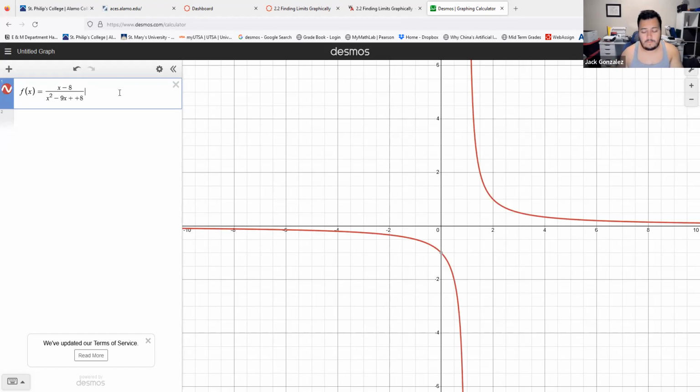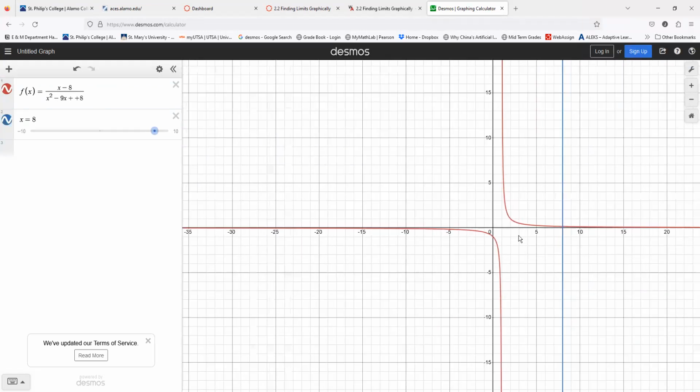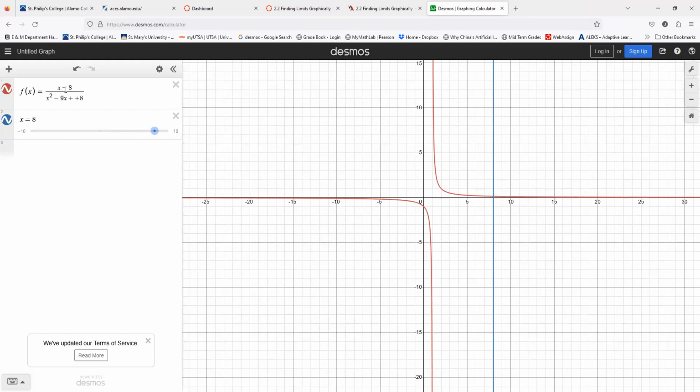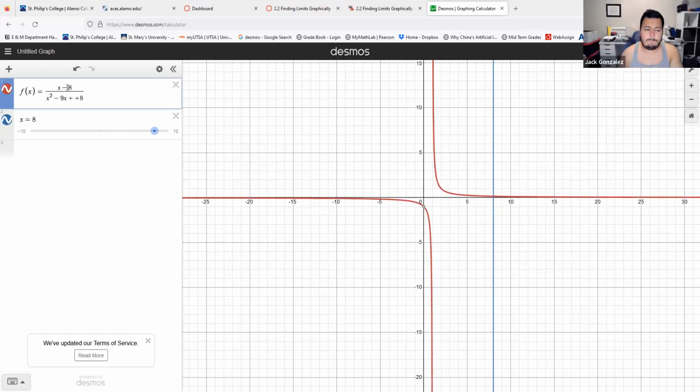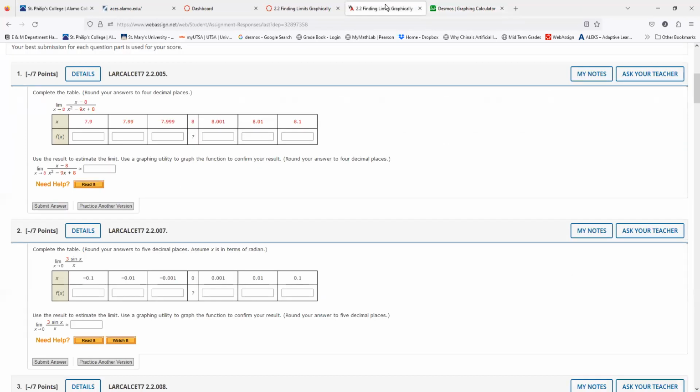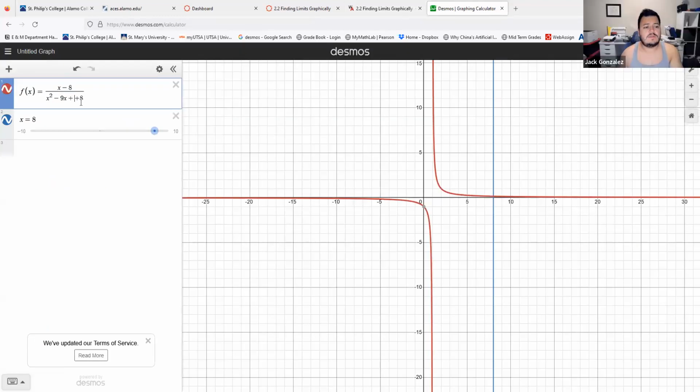All right. So I'm going to graph a vertical line at x equal to 8 so we can see what the function is doing there. It's 1 over 2 plus x squared? No, in the bottom. Oh, I see what you're saying.